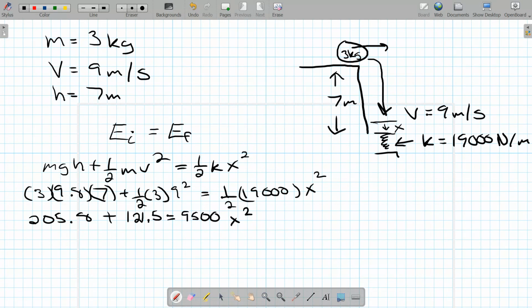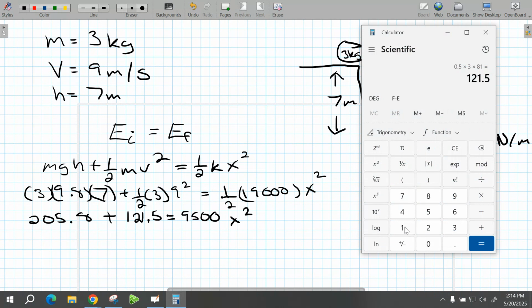Let me just double check that. Yeah, so 9,500. So I'm going to add these two over on the other side. 205.8 plus 121.5 is 327.3.